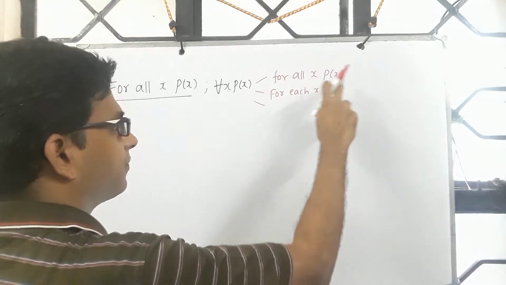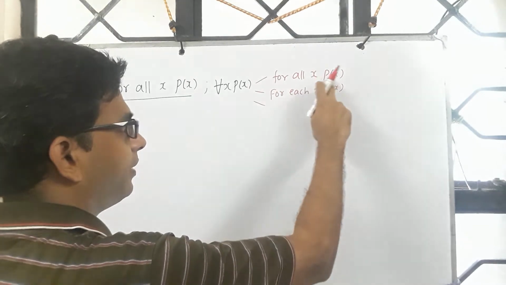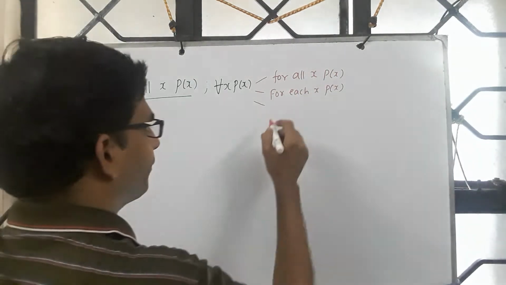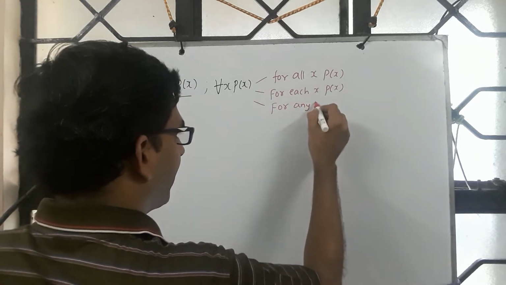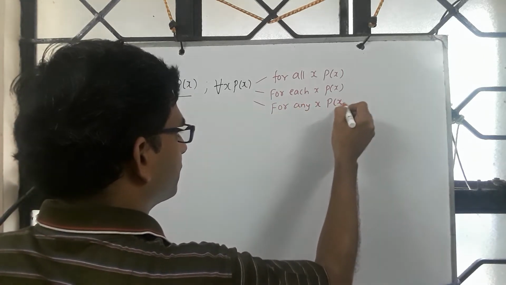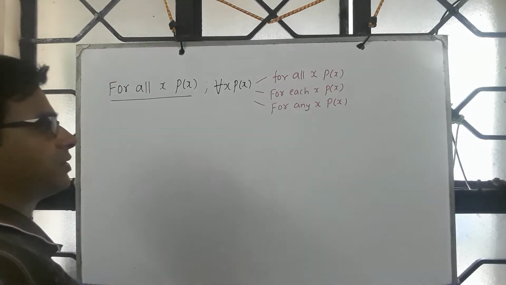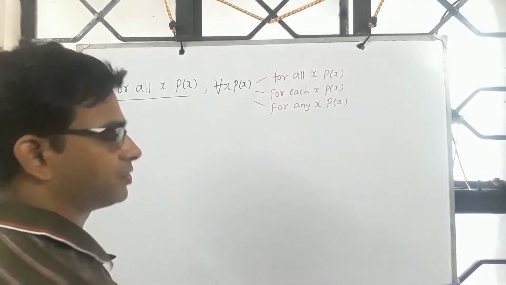For all of them, for all elements of the UOD, the predicate P is true. And for any X P of X, you pick any element from the universe of discourse, the predicate P is true.